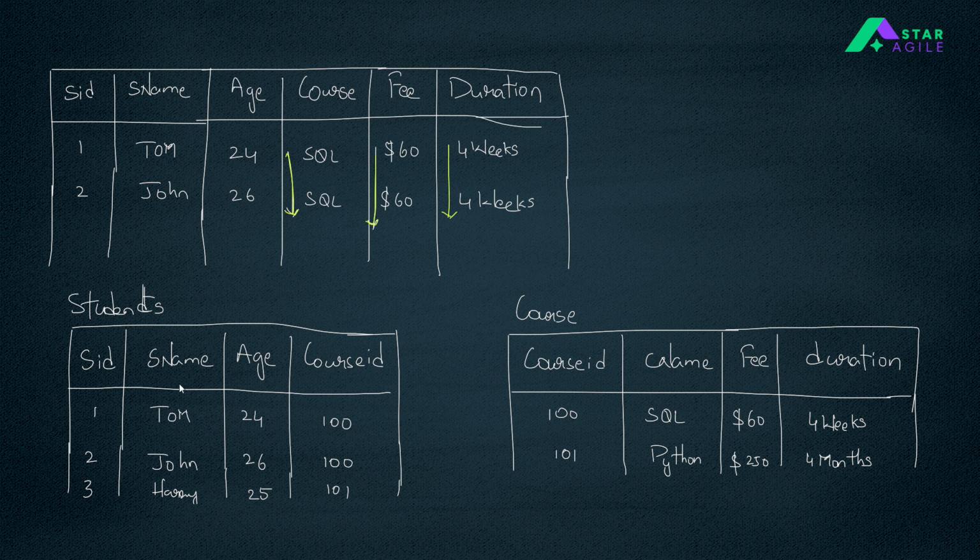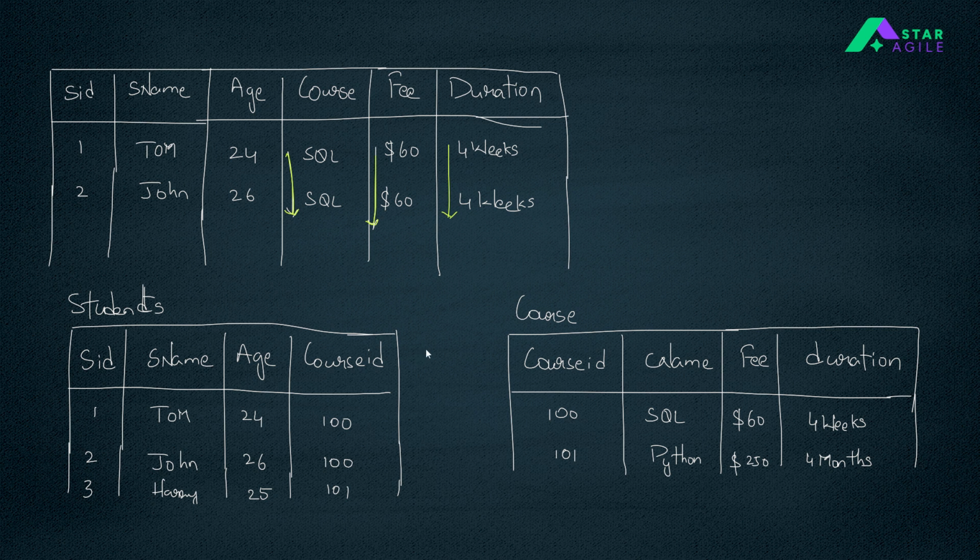I'm structuring this data separately: everything related to the course I keep within the course table, and all the details related to the students I store in the students table. Fee and duration are related to the course. Now if I want to know what Tom is studying, I can check for 100 in the course table. Basically, I am not repeating the fee and duration for each and every student.